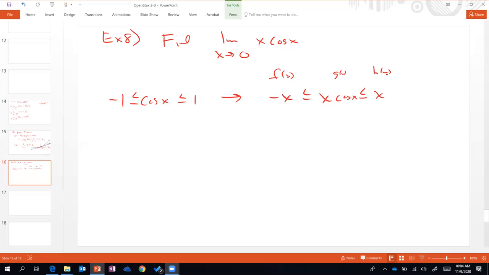In fact, we can even write it like this. Tell me if you guys agree here. We can even write it, because this is a negative x, that's a positive x. Isn't this also true? Absolute value of x, is that right?